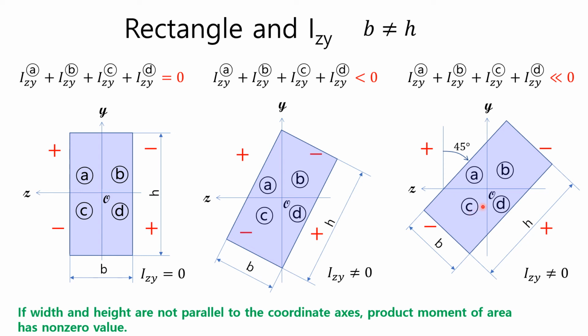Referring to the third picture, we can intuitively know that the absolute value of the product moment of area reaches its maximum when the rotation angle is 45 degrees, because the sum of areas A and D is much different from that of B and C. This can be theoretically proved in the upcoming videos related to the principal axis and Mohr's circle.